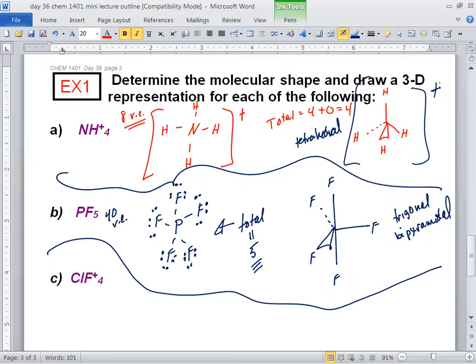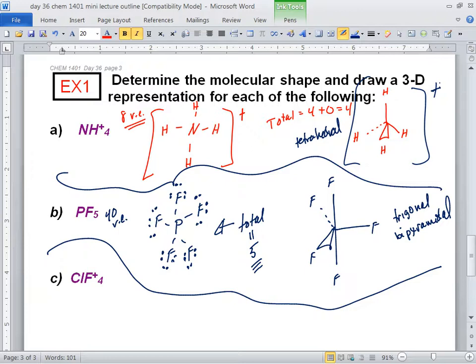It's square pyramidal. Try to see the shape. Like you got a square, so you try to draw a square in the center, right? And then you've got all that's left. You only see this atom, this atom, this atom, this atom. So don't draw it too big.